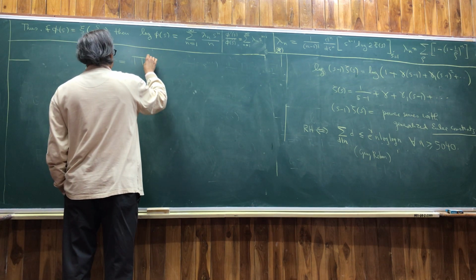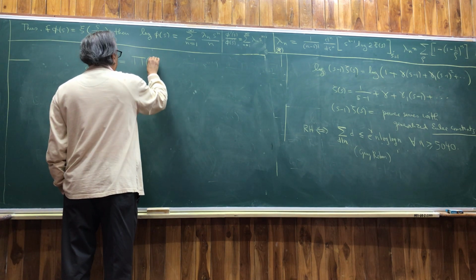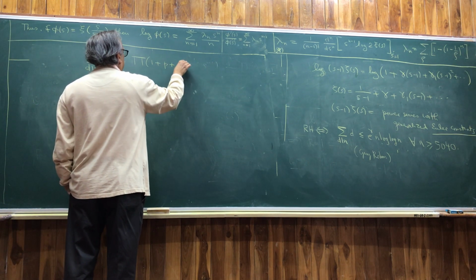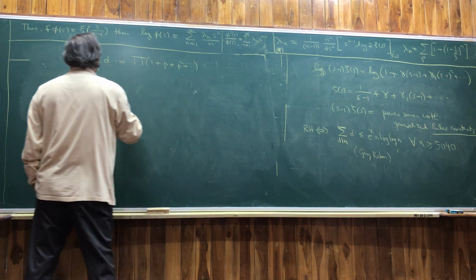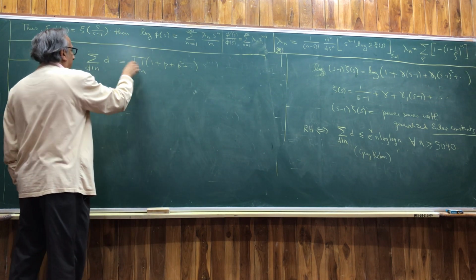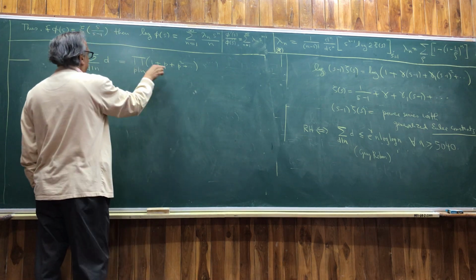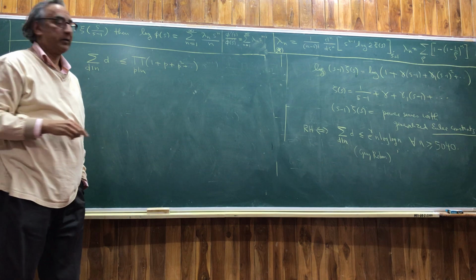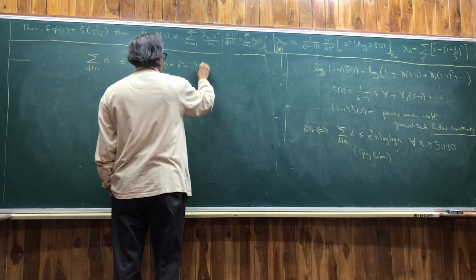So this would be 1 plus p plus p squared plus dot dot dot, over the primes p dividing n.